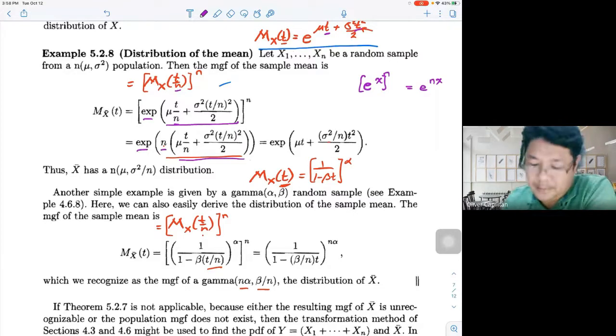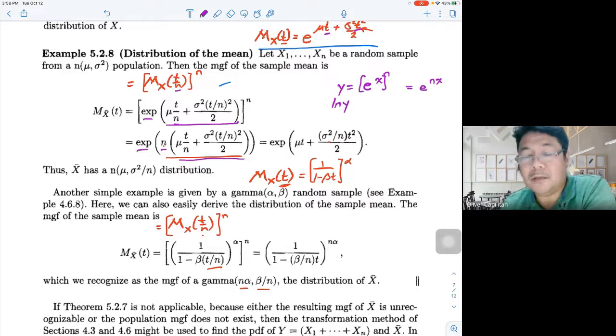How did we get that? Say for example, we let this y here be equal to that. If we're going to apply the log, supposedly ln, because it's the natural logarithm of y. Here in stat, the log sometimes refers to the natural logarithm, so we have here the ln.